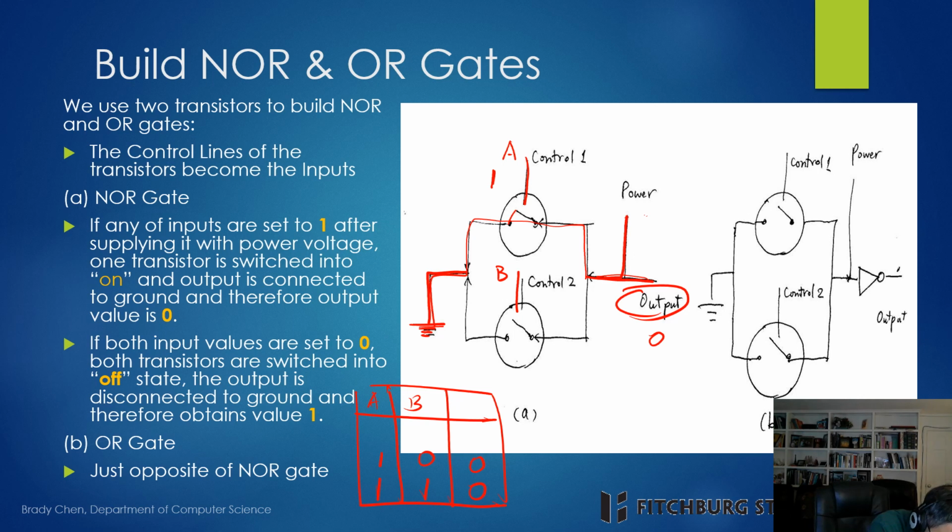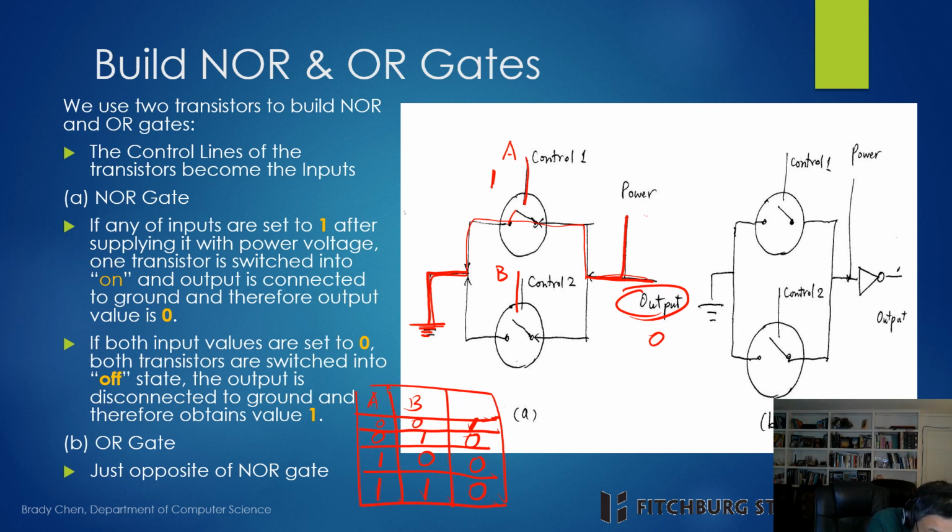Or if we set the control line B to 1 and A is 0, the result is 0. The only case where the output becomes 1 is when both control 1 and control 2 are 0. In that case, both transistors are switched off, so the output is not connected to the ground. That's basically the truth table of the NOR gate.